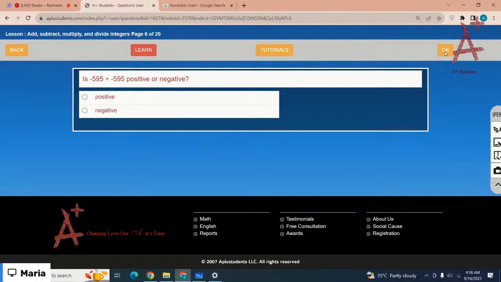Okay, is negative 595 divided by negative 595 positive or negative? You are dividing two numbers, both of them are negative, so the answer must be positive. So that would be positive.